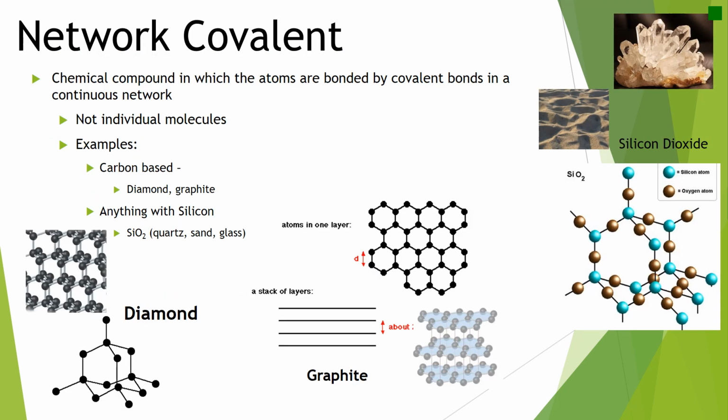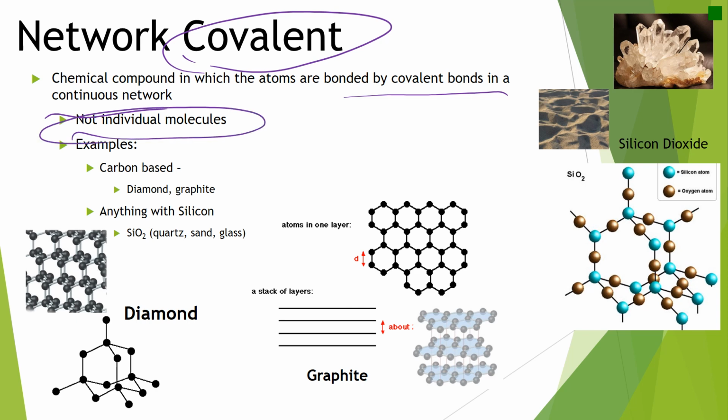Network covalent. So a network covalent is a covalent compound where they are sharing those electrons. So you're like, wait, how can covalent be the least, but network covalent be the most? Well, these are very special ones. What they do is they form a continuous network of covalent bonds where they're all interlinked together. It's really not one individual molecule.